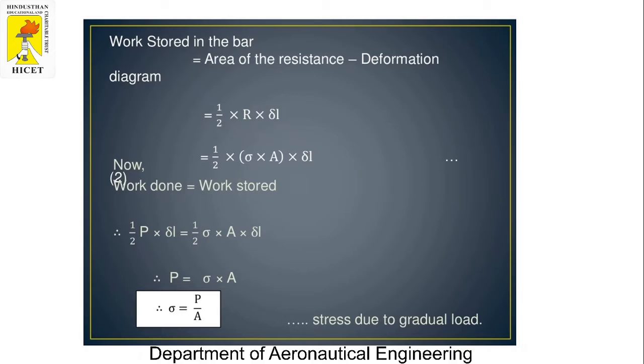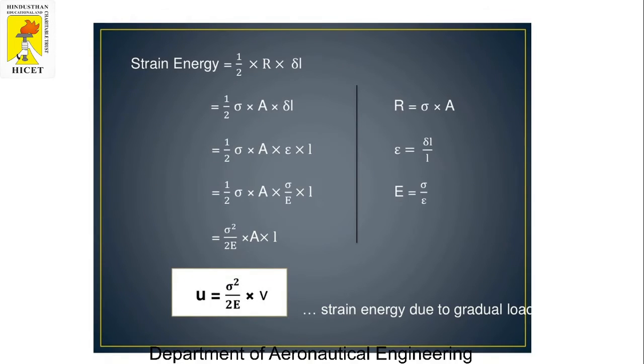This is the stress due to gradual load, and strain energy can be given as half into R into del L, that is equal to half into sigma into A into del L. If you replace del L in terms of strain, half into sigma into A into epsilon into L. That epsilon can be written as sigma by E, and we have half into sigma into A into sigma by E into L. So finally we got strain energy equal to sigma square by 2E into A into L. A into L is called the volume of the body.